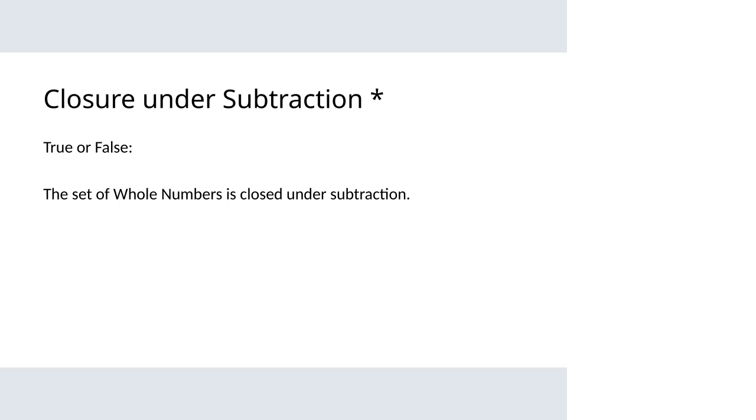Remember, closed means if I use 2 of those and I do this operation, I get one of those back. So what this question is asking you is, if you subtract one whole number from another, is your answer a whole number every single time? That's what this is saying. In order for this to be true, whole number minus whole number has to give you whole number every single time.